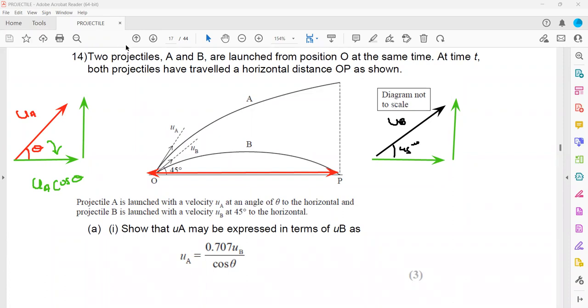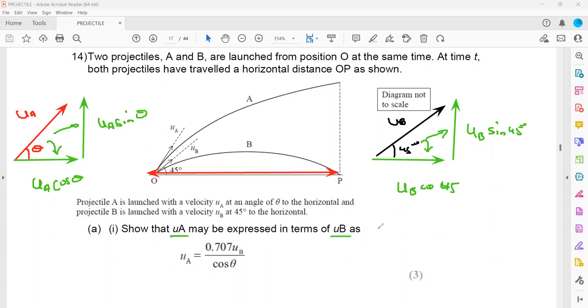The component which is against is UA sin theta. Same way, the component with the angle is UB cos 45, and the component against the angle is UB sin 45. Because they have the same range, we can say the range of UA equals the range of UB. And we have to show that UA may be expressed in terms of UB.